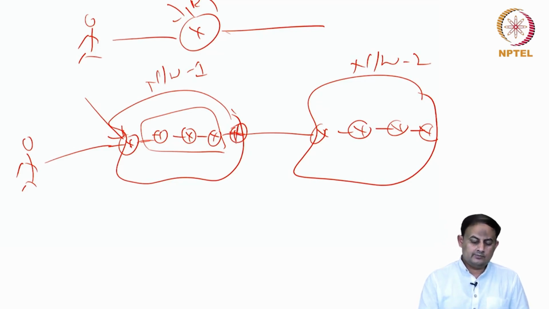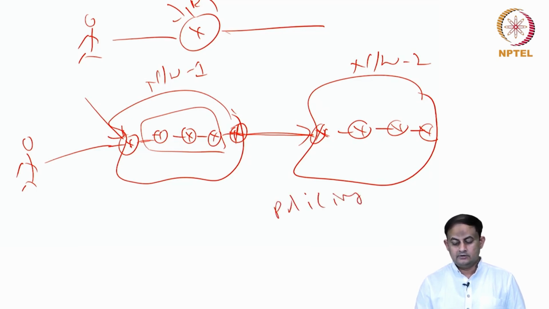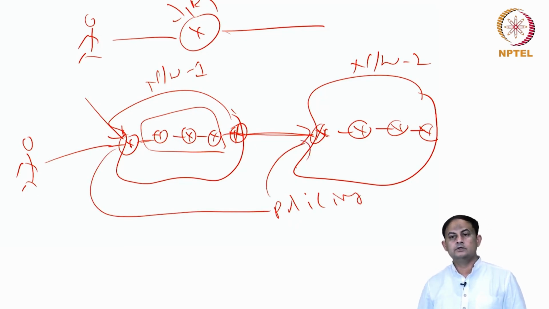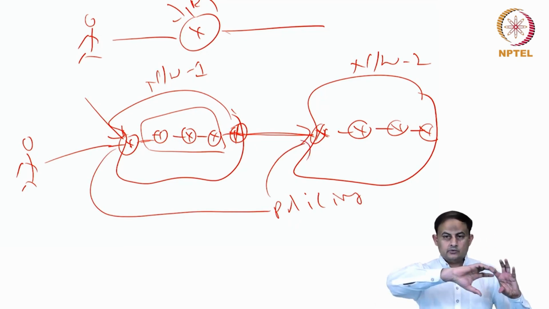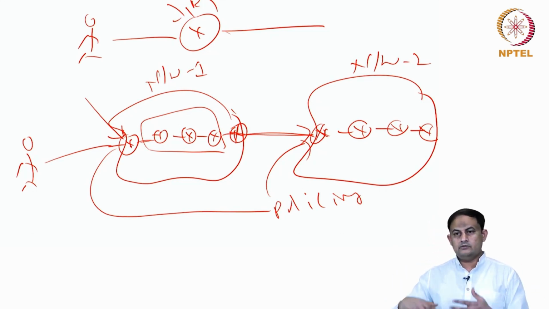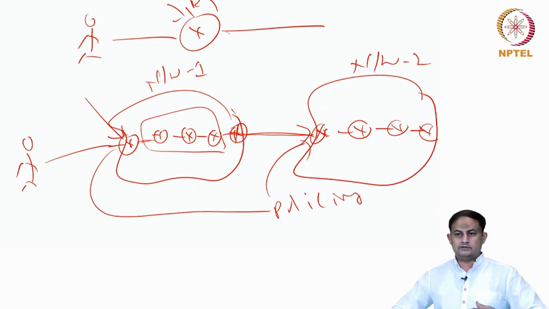When the packet arrives at the border router of the next network, this router is receiving packets from the border router of the previous network. There also the policing action can be done. So, at this point and at this location, the policing action is happening. When I say that incoming traffic is policed, if network 1 violates the agreed transmission rate, then network 2 can decide to do the policing action.